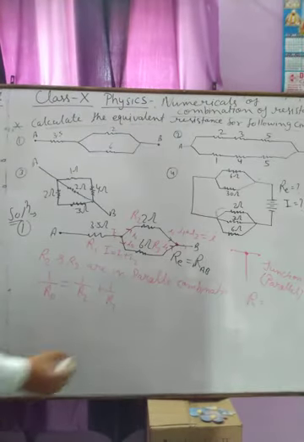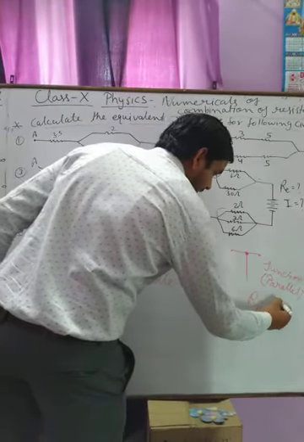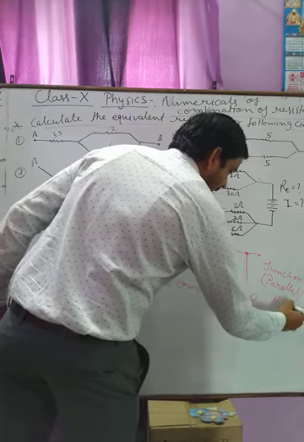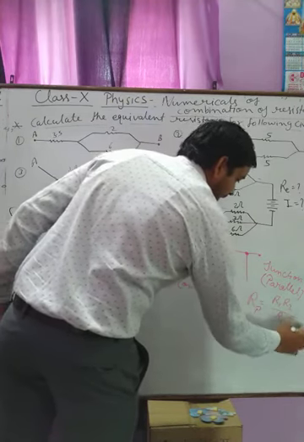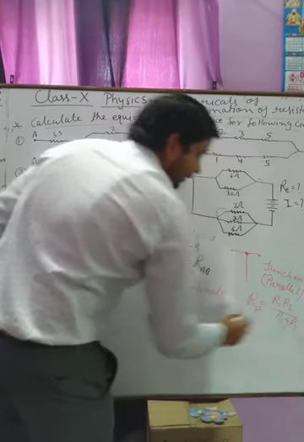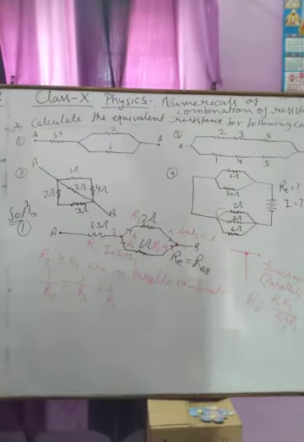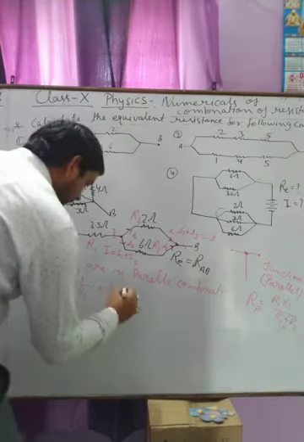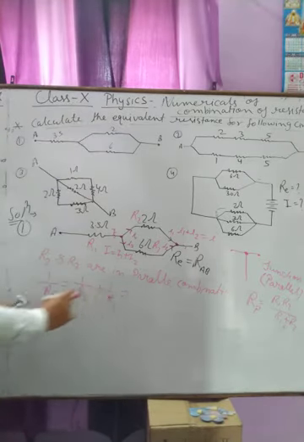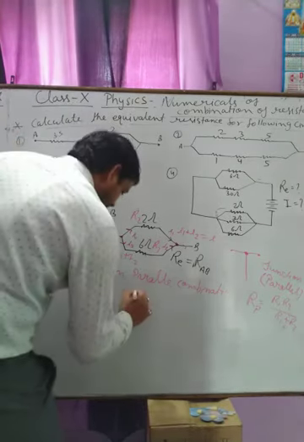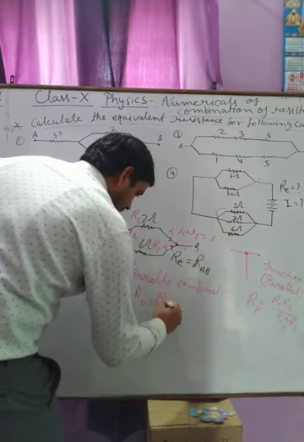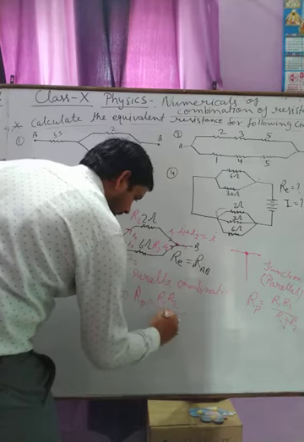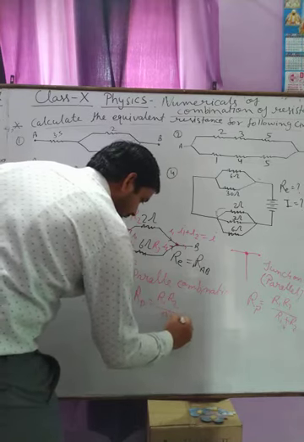This R_P for the two resistors is R1 R2 upon R1 plus R2. For two resistors we use this direct formula. So on taking LCM we get R_P is equal to R1 R2 upon R1 plus R2.